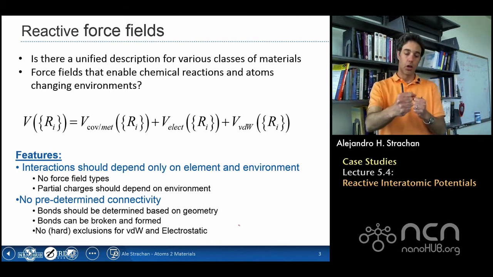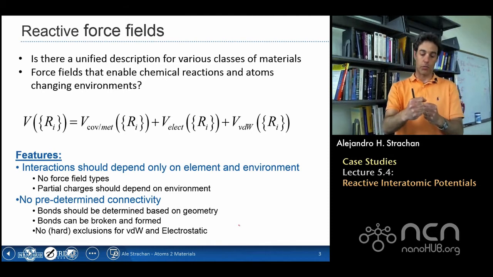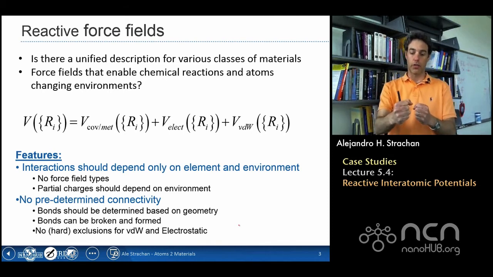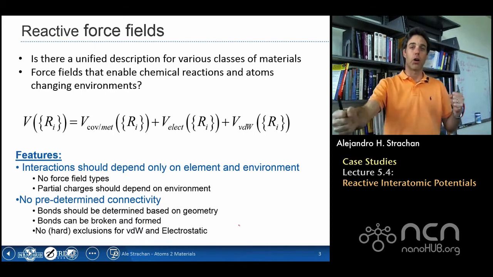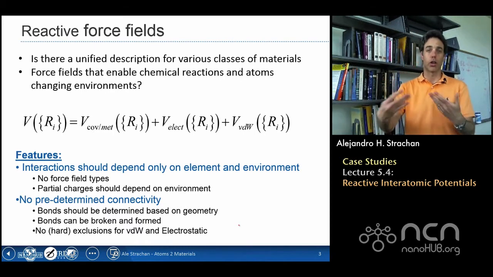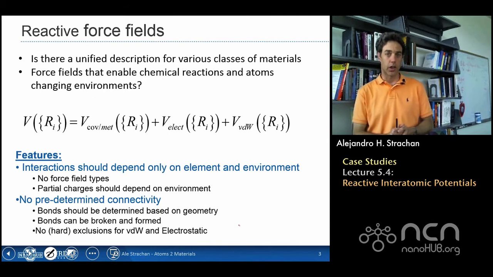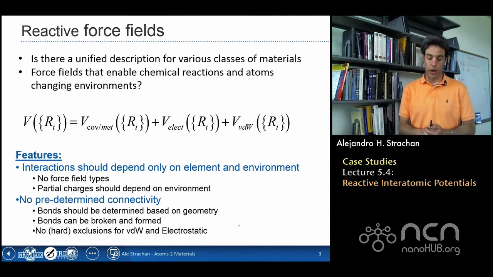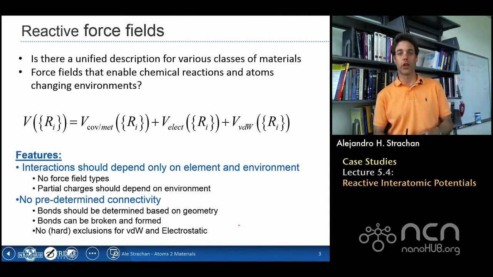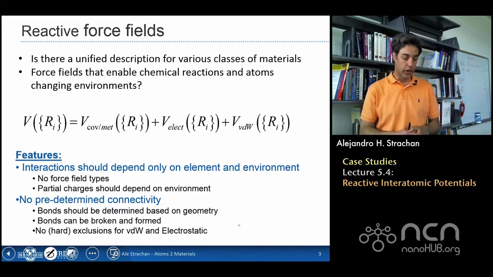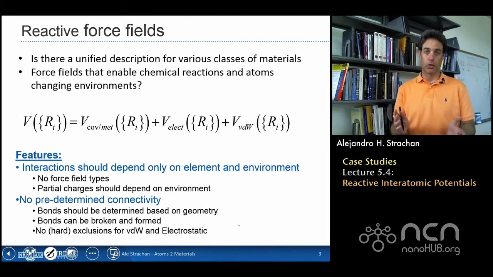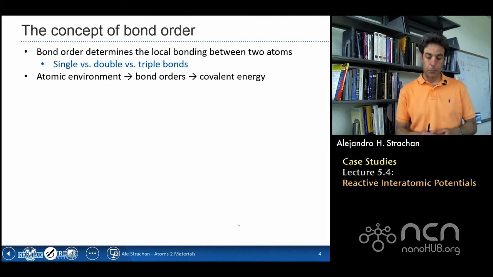I cannot say, well, because these two atoms are bonded, I'm not going to compute the van der Waals interactions between them, because that bond can be broken, and I need to start computing van der Waals interactions between those atoms. So those are some of the features or the constraints that one has in developing a reactive interatomic potential.